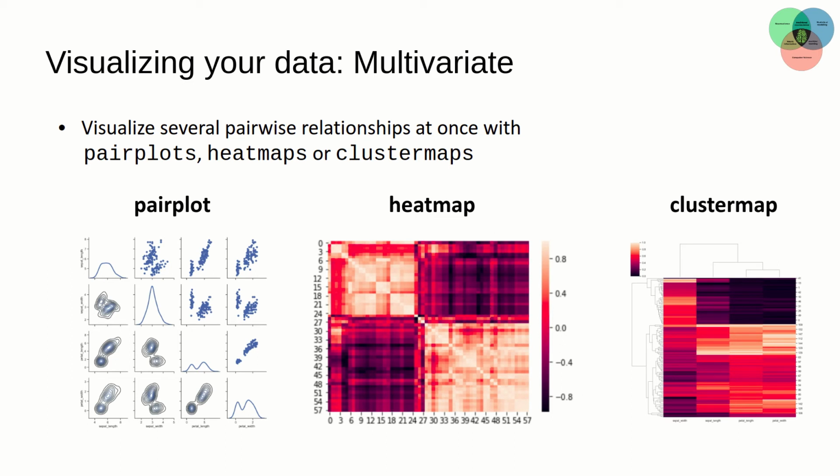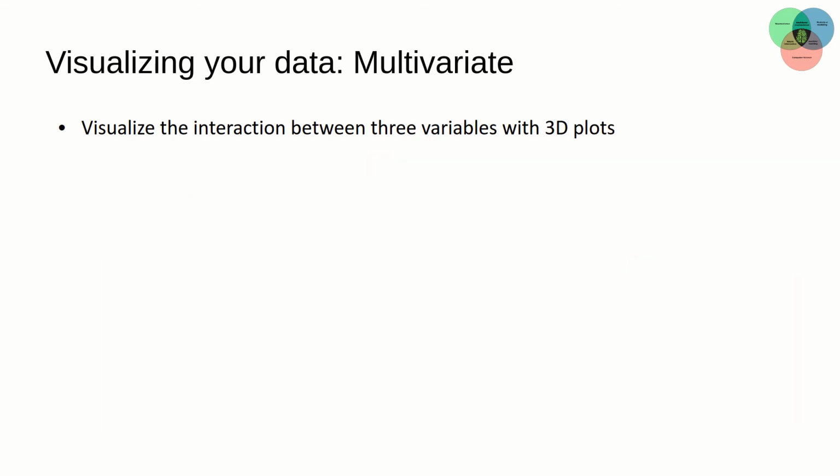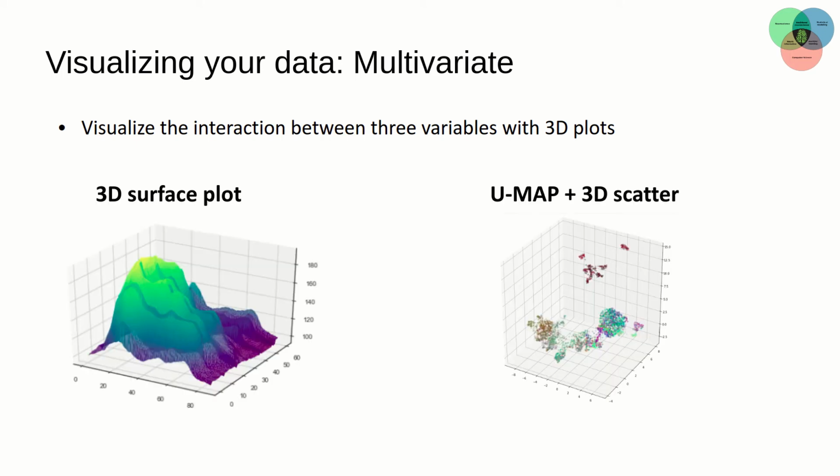And then finally, another option is a cluster map, which uses the information in the data to create clusters or categories in it. Furthermore, you can also visualize the interaction between three variables at a time with 3D plots, such as the 3D surface plot or UMAP dimensionality reduction plus 3D scattering.